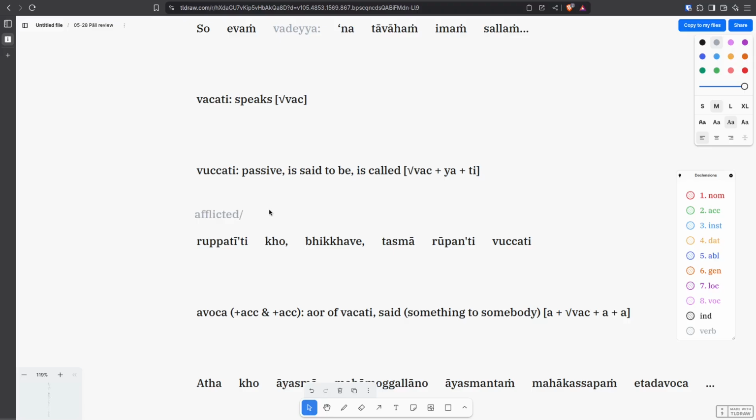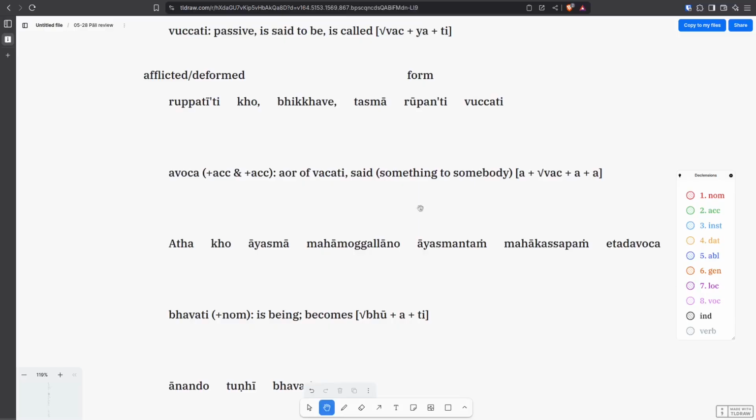Bhikkhu Bodhi very creatively translates it as deformed, because the connection is to rupa, which is form, and so form is deformed, form is afflicted. Therefore, because it is said, vuchati, it is said to be form, it is said to be rupa.